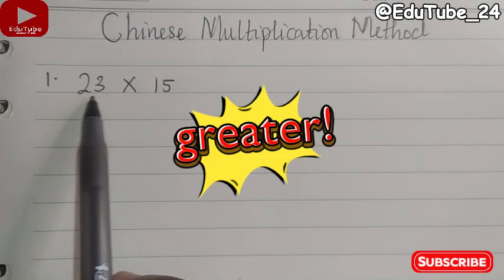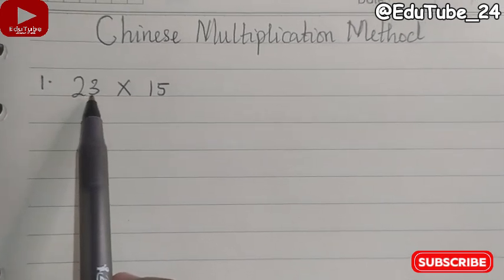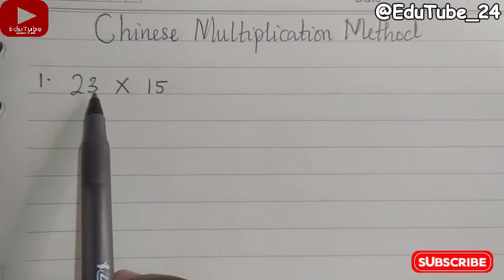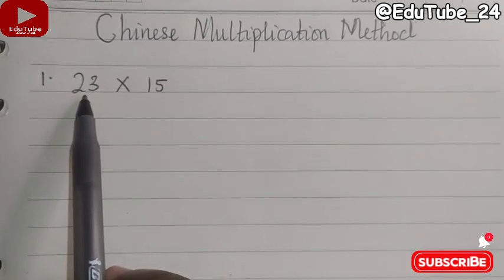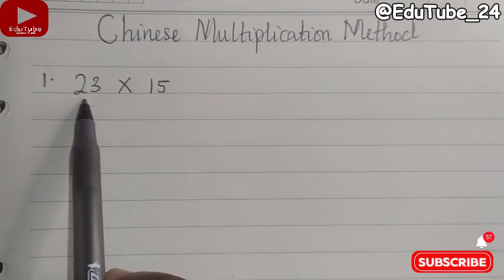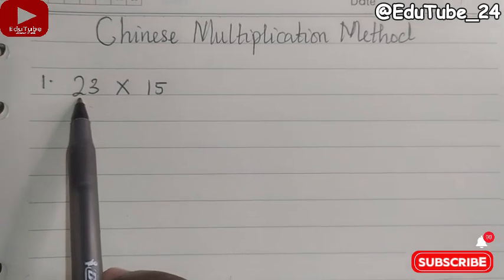So, in these two numbers, the greatest place value is 2. Unlike the standard column method of multiplication, wherein you start from the smallest place value, which is the unit, in the Chinese multiplication method you always start from the greatest place value, which is the 2 here, which is tens.